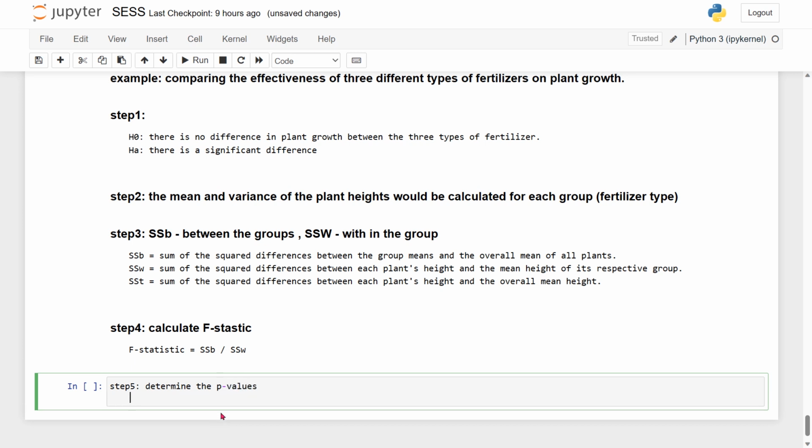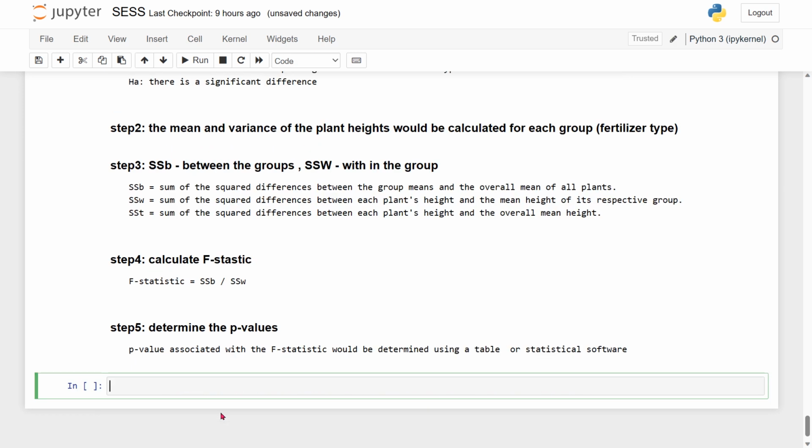The p-value associated with the F statistic would be determined using a table, F statistic table, or statistical software. That's it. Then the final step, conclusion or inference.